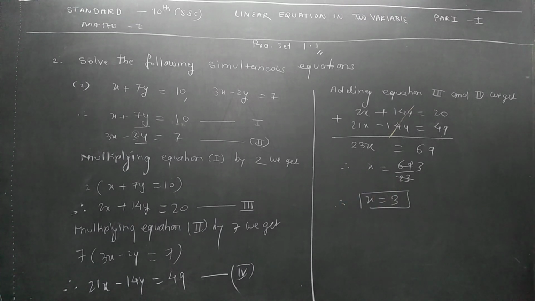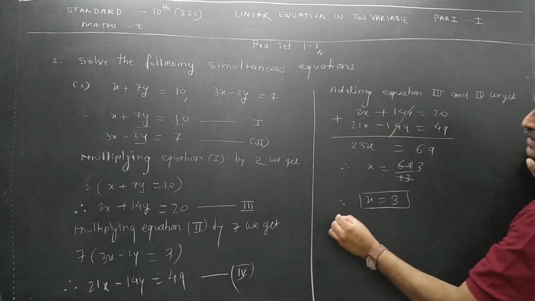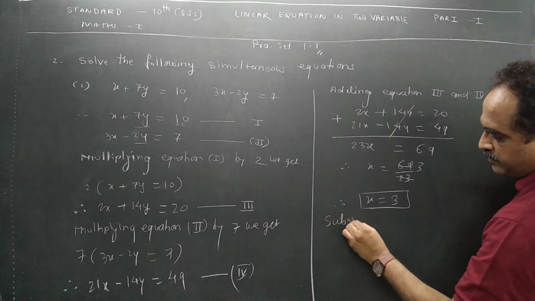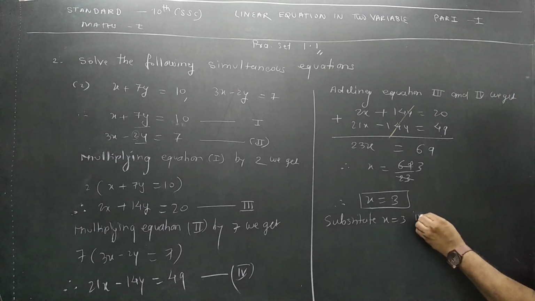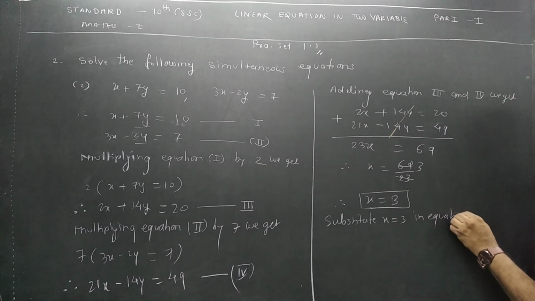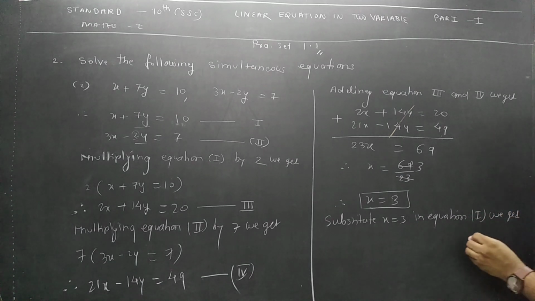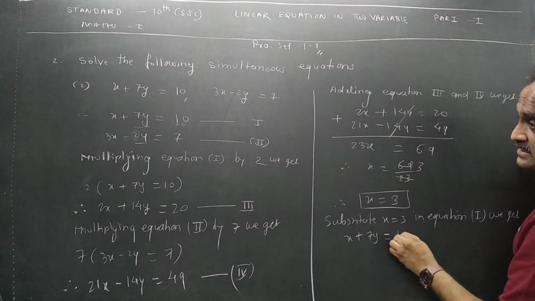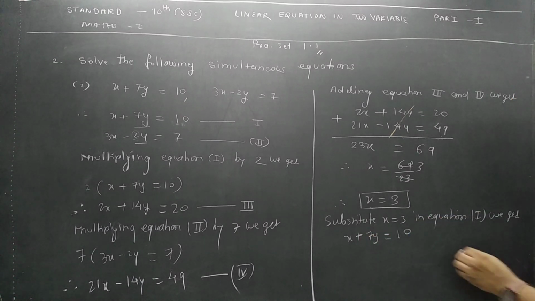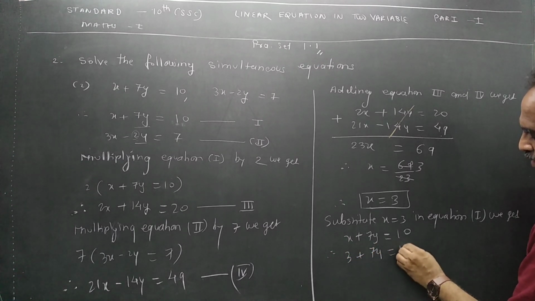So what are you going to do now? You are going to substitute this anywhere. Which one is easy? According to me, equation 1 is easy. So substitute x is equal to 3 in equation 1. What is equation 1? x plus 7y is equal to 10, or 3 plus 7y is equal to 10.